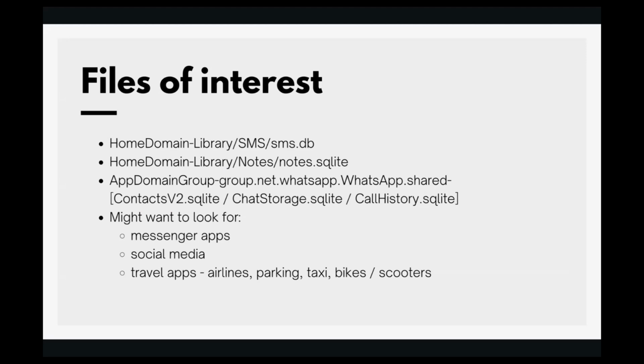So think things like a local parking app or something like this, something that's less popular than maybe WhatsApp, because there might not be the same kind of focus on security and not as many people looking into it. So that might be an interesting place to look for something new.